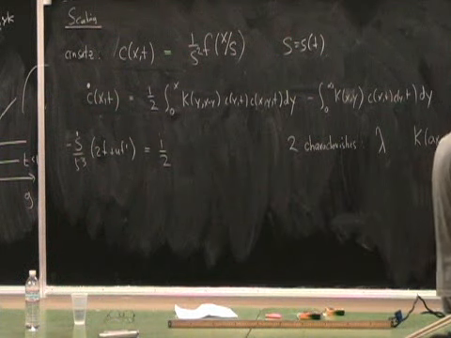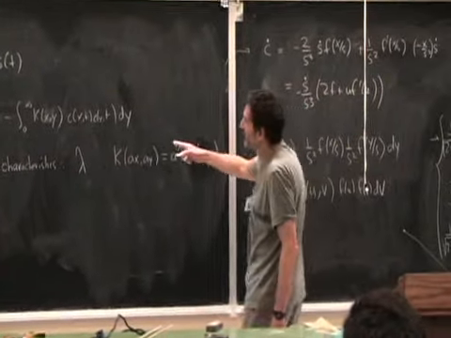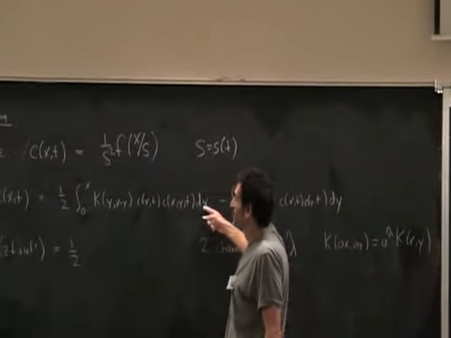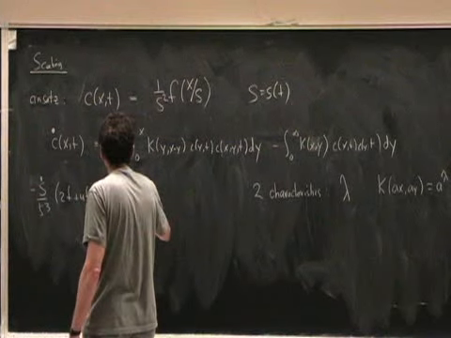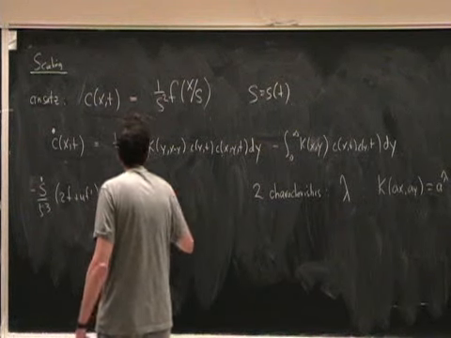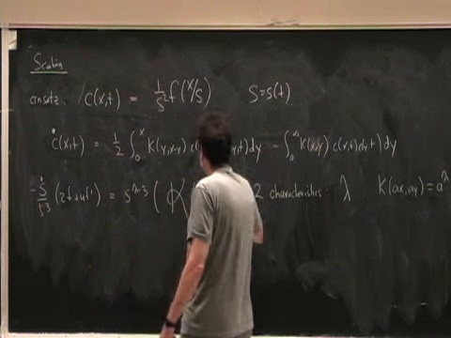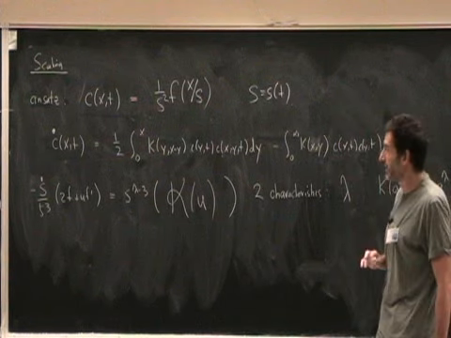And first of all, notice there's this s to the lambda minus 3 that I have coming out of the scaling of this term. By dimensional analysis, and also I'll leave this as an exercise for you, there's the same factor s to the lambda minus 3. So let me write here s to the lambda minus 3. And then I have some horrible integral operator, which is the sort of the scaled form of everything you see here.